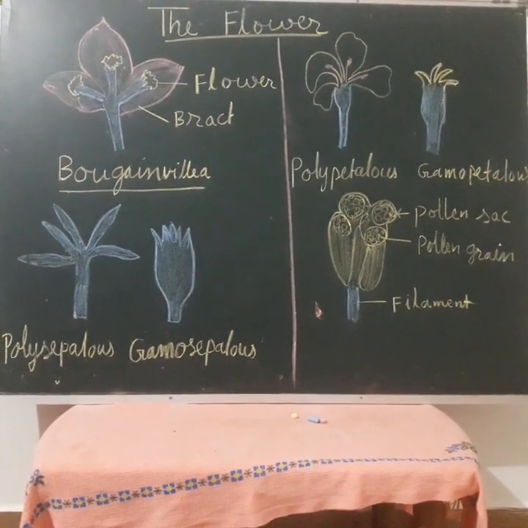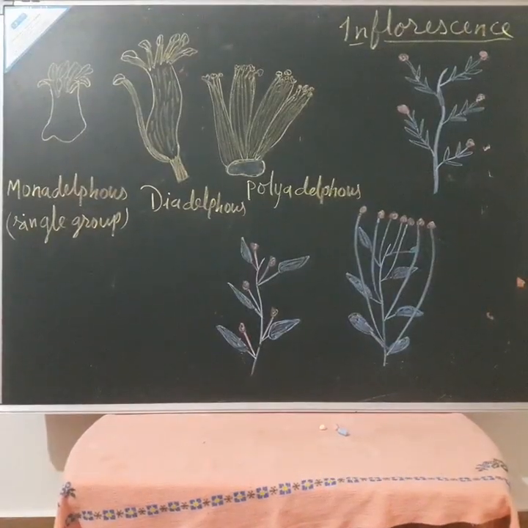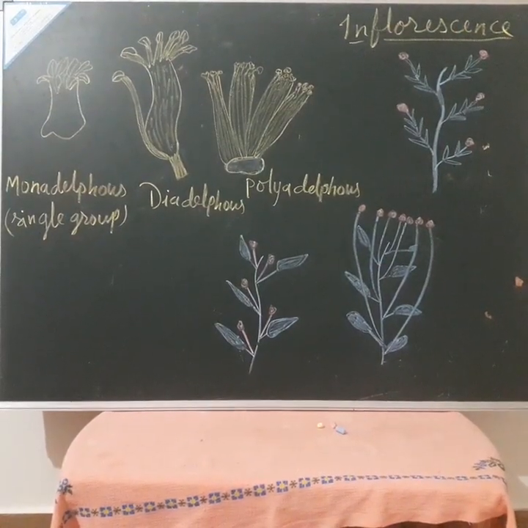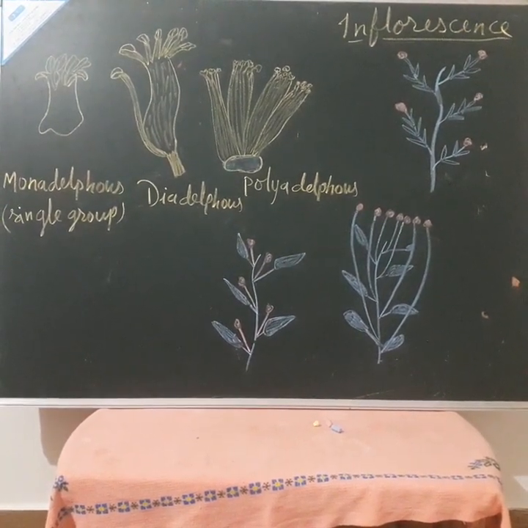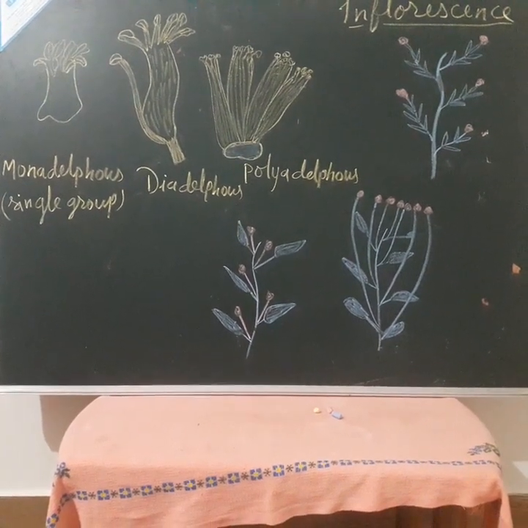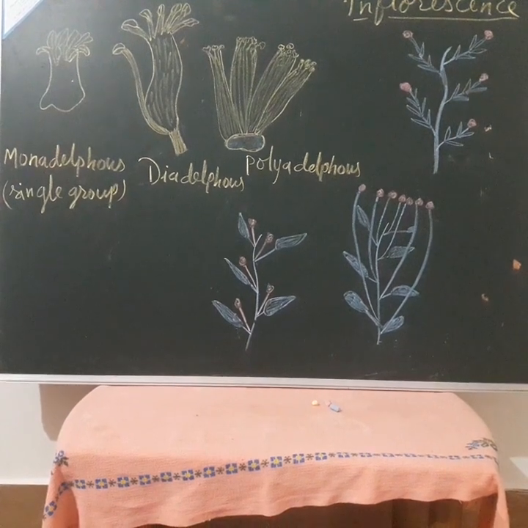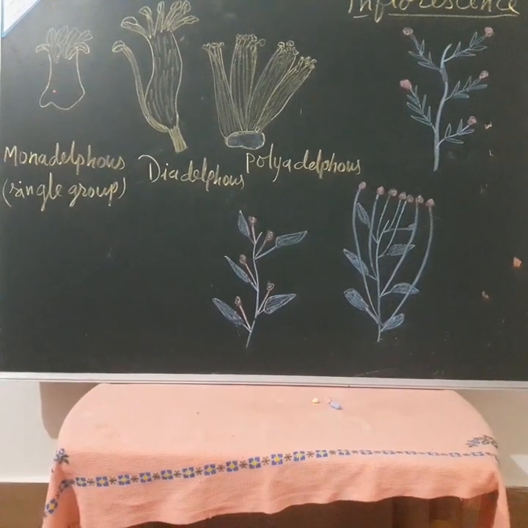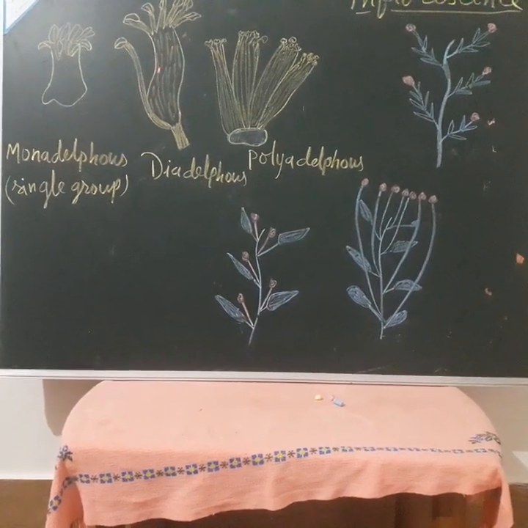Next, in androecium, stamens may be free, as in petunia, or joined in different ways, in single, double or several groups. Here you can see monadelphous, where the stamens are in a single group. Diadelphous, here the stamens are in two groups.